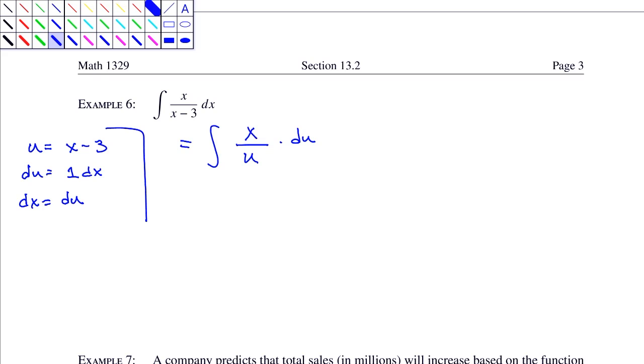Now what's the problem? You still have an x. What does that need to be? It needs to be something with u, right? Is there a relationship between x and u?